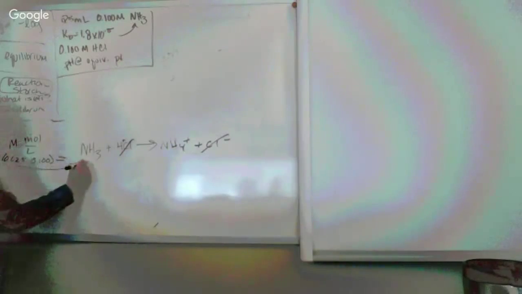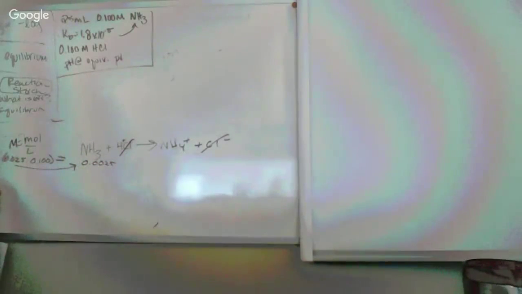I've got my number of milliliters and my molarity, and this is where I would use molarity equals moles over liters to calculate my number of moles. So I'm going to take my 0.025 times 0.100, and that'll give me my number of moles, which is what? And so that's my number of moles.